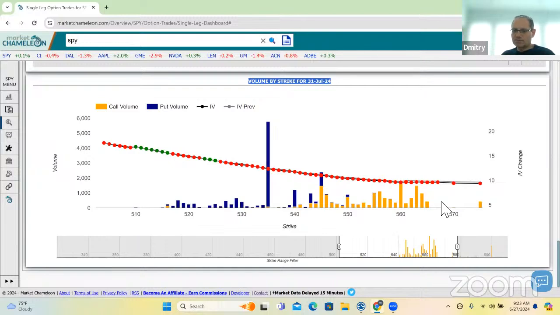lower. There are a couple of green dots coming out further in the tails, a little bit of red there. But essentially, if we start from the 526 strike and go all the way up to the 575 strike, that seems to have shifted lower.